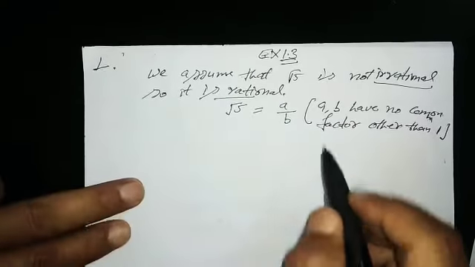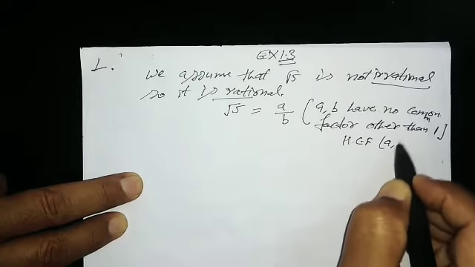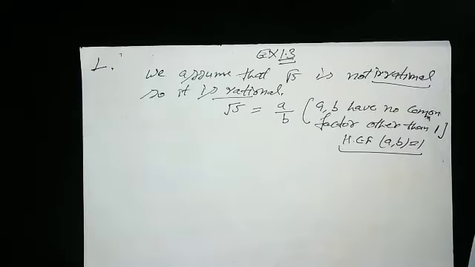What does it mean? It means HCF of a, b equal to 1, right? Nothing is common between a and b other than 1.